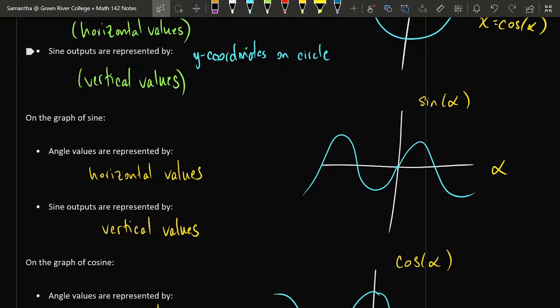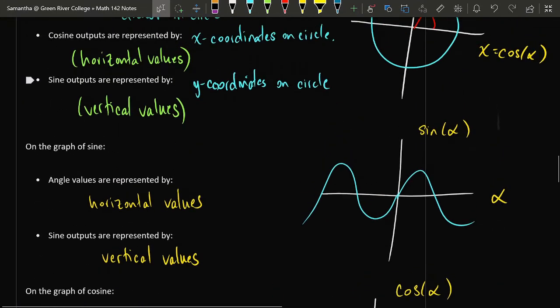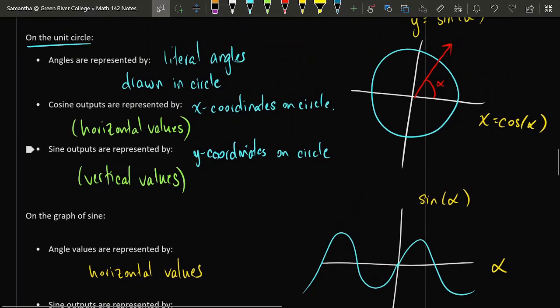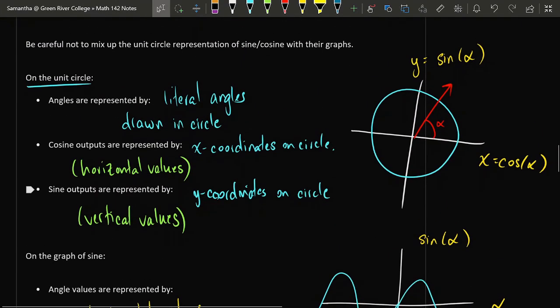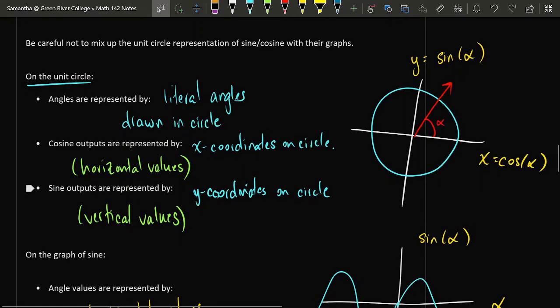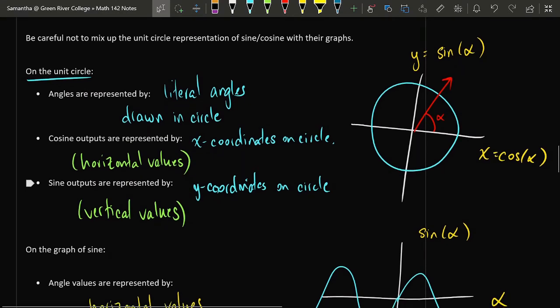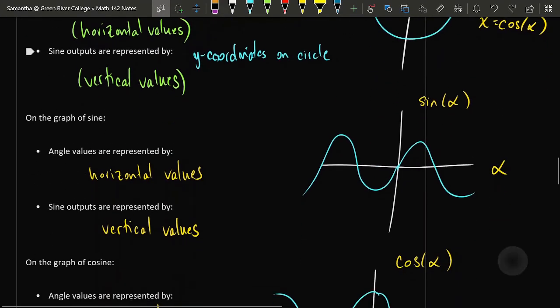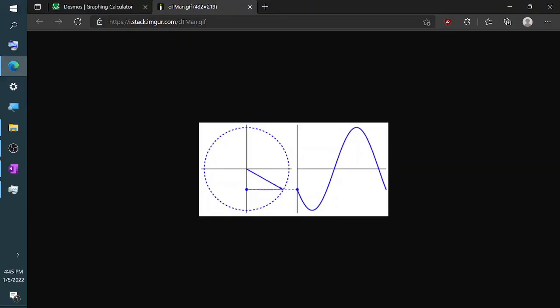One of the reasons that I've gone so hard talking about this issue is because it's really common for students to make mistakes, getting confused between the unit circle representation of sine and cosine and the graphs of these two functions. Here's a quick animation showing the relationship between the unit circle and the graph of sine.